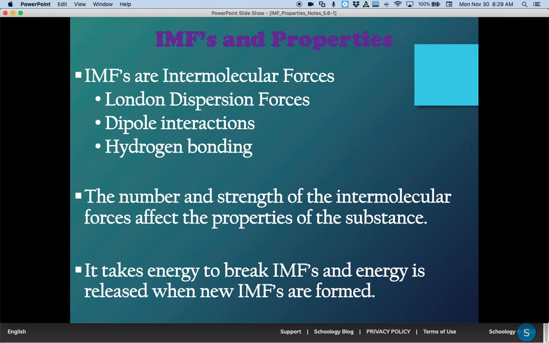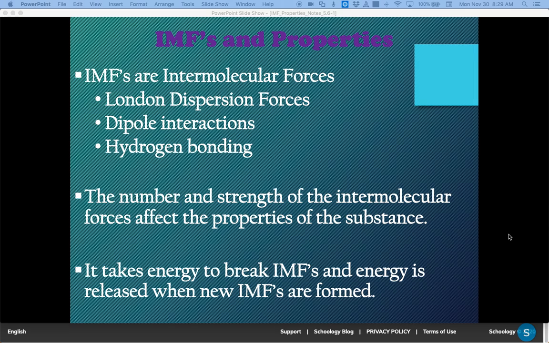The strength of the intermolecular force, which you should also have down, is the primary thing that affects the properties of substances. The more intermolecular force a substance has, the more it's going to affect the properties.